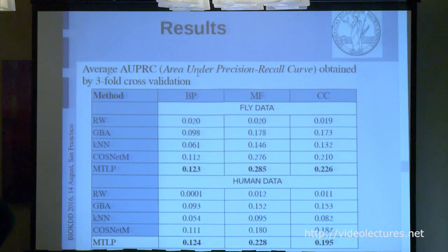COSNET is a recently proposed algorithm based on Hopfield networks, which has been specifically designed for unbalanced problems. And it has been compared with the top methods of several challenges like the MouseFunc I competition for gene function prediction. For this reason I report also this method, because it shows being one of the top performing methods.